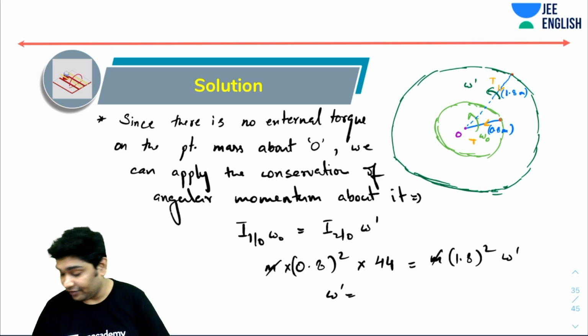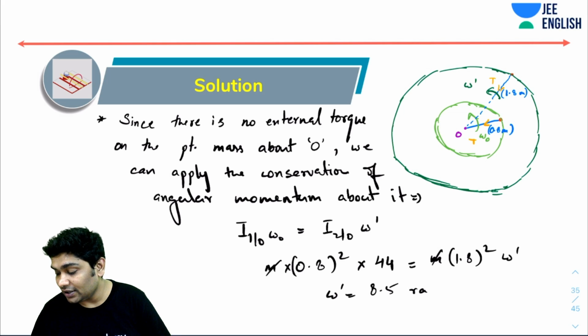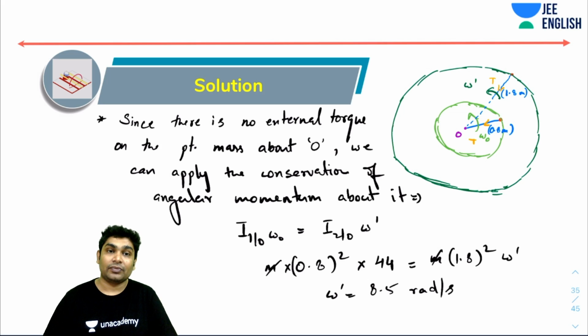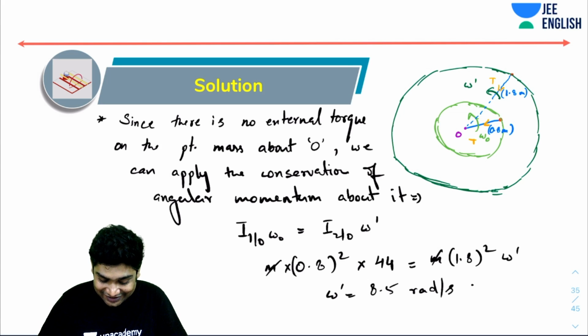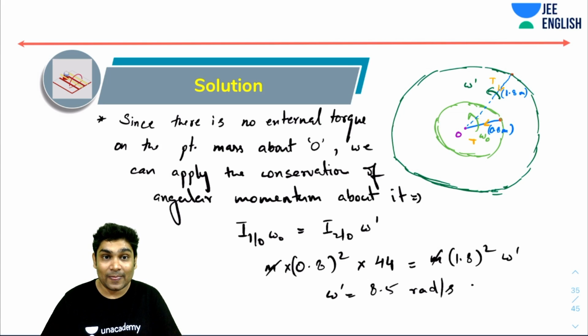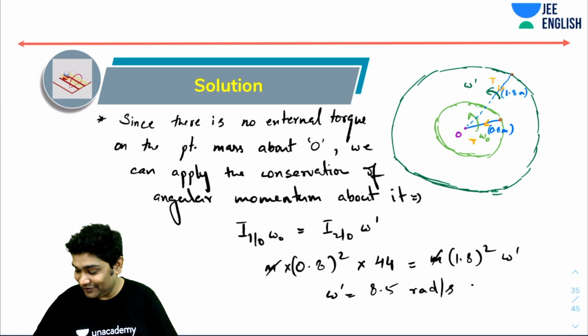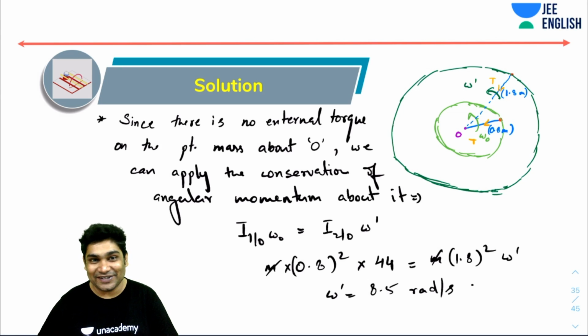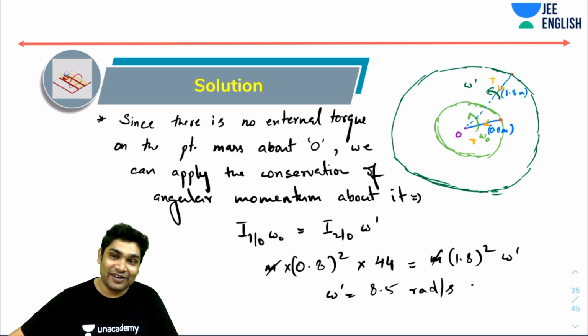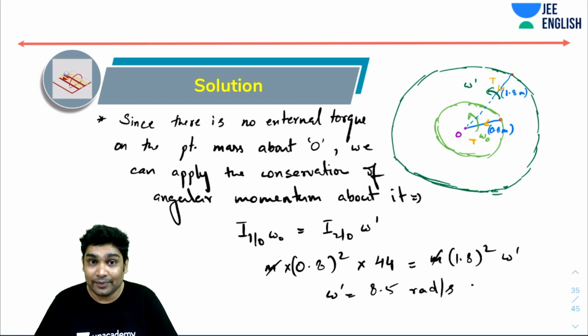So 8.5. 8.5 radians per second. That is what. I hope this was the answer that you also got. Again, if not, go through the solution and try and find out where you went wrong.